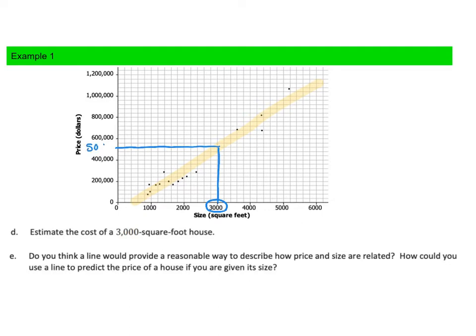I would say right around $500,000 for a 3,000 square foot home. Okay, and please draw those lines on the graph so that you can see how we found that number. Moving on.